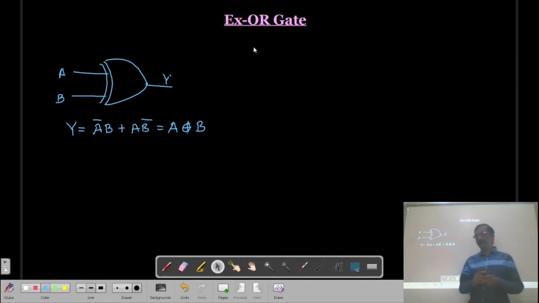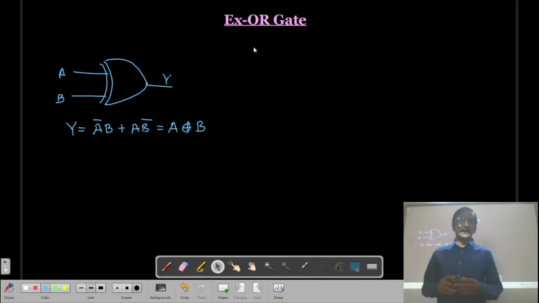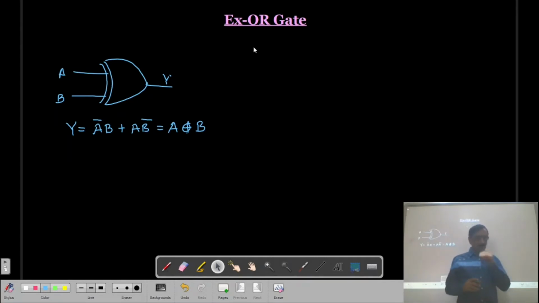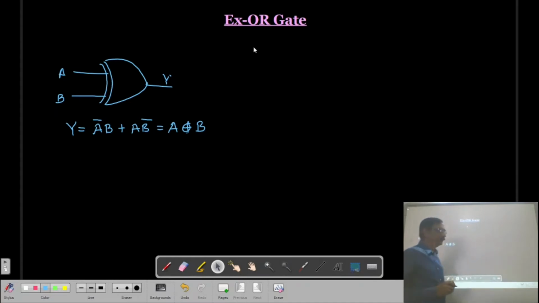And in that case, we found a property that if the binary number is with the odd number of high levels, then the output is always high. If this binary number is with the even parity, then the output is going to be low. So what do you mean by odd parity and even parity?